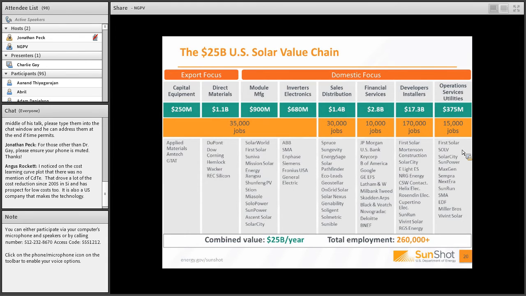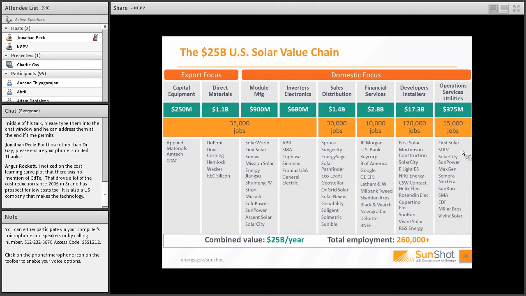We are very excited that it looks like the tally of solar jobs across the U.S. is something on the order of 260,000 at this point in time. And if you look at this slide, broken out are items that we export. We're a big material exporter, especially polysilicon and materials like Tedlar.